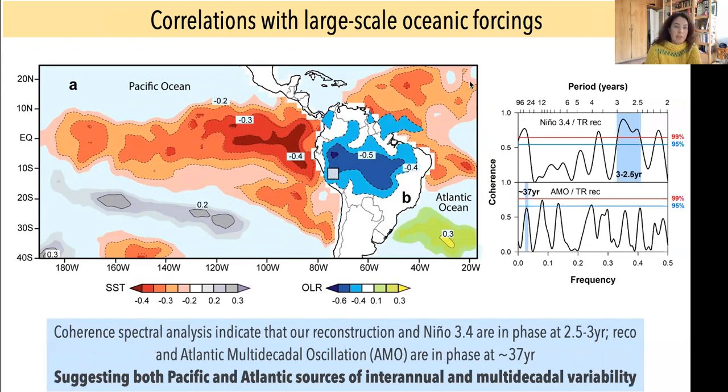Additionally, cross spectrum analysis between our reconstruction and several indices reveals, for instance, the well-documented influence of ENSO events on rainfall at interannual scales. This explains 19% of the total variance. But we also found a significant correlation with multi-decadal variability at about 40 years.